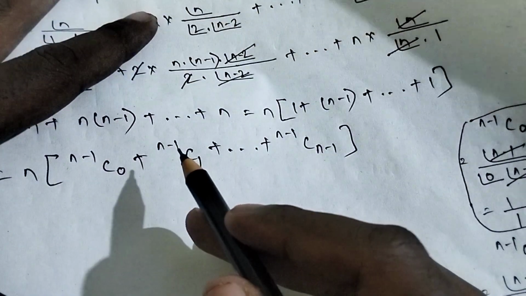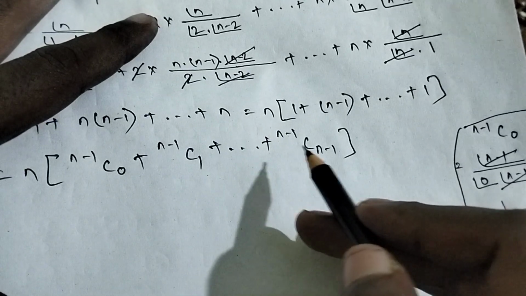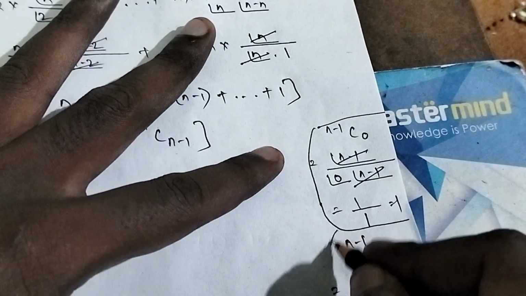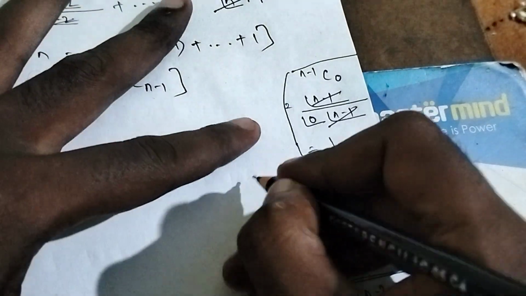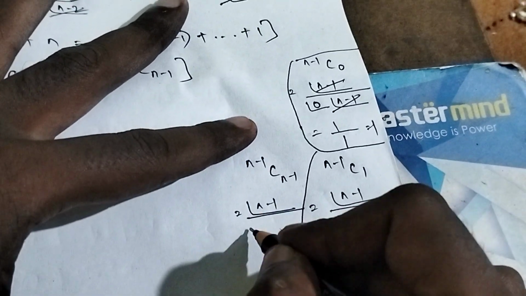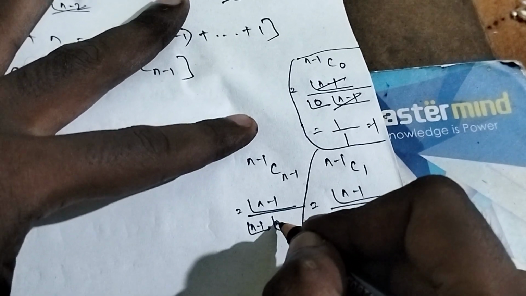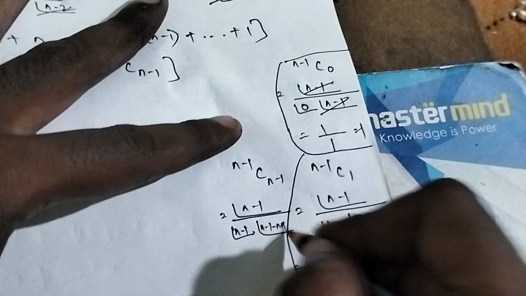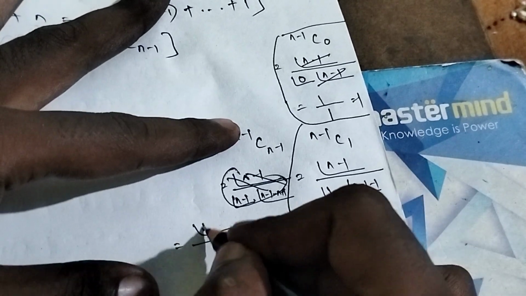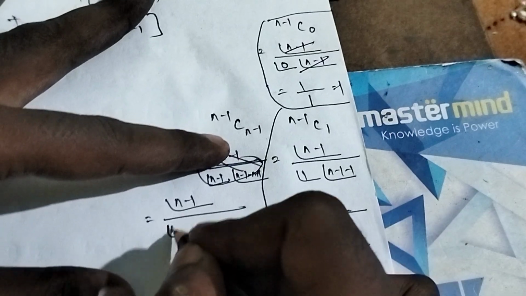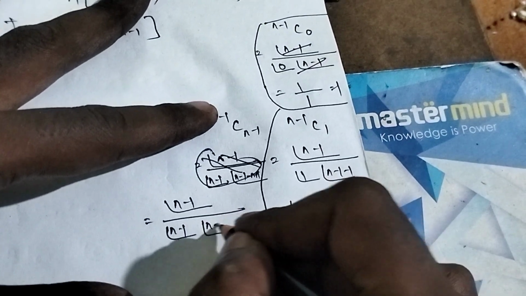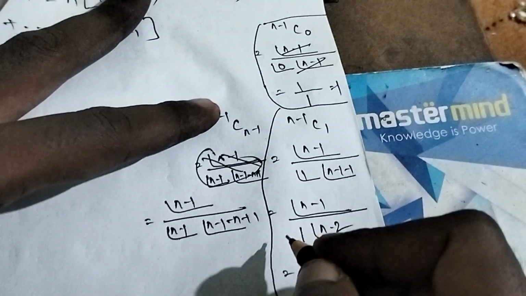n minus 1 C0 plus n minus 1 C1 plus dot dot dot plus n minus 1 C n minus 1. n minus 1 C n minus 1 is also 1, you see. n minus 1 C n minus 1 means n minus 1 factorial by n minus 1 factorial into (n minus 1 minus n plus 1) factorial.